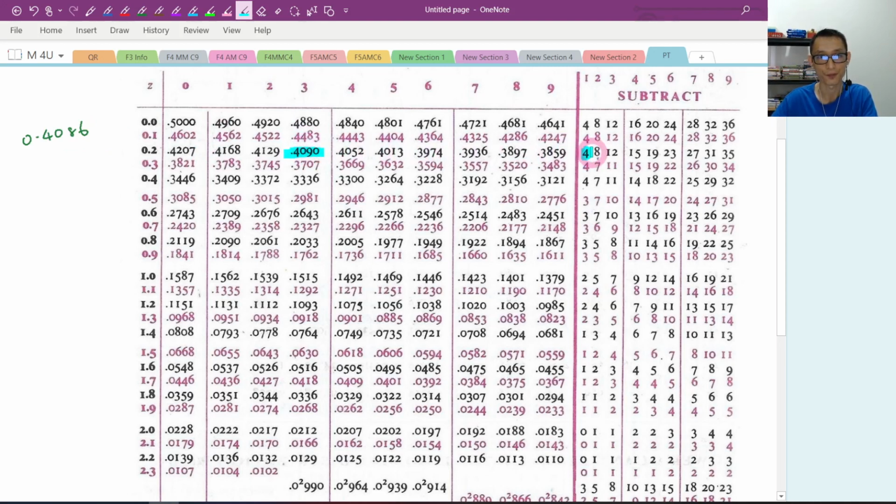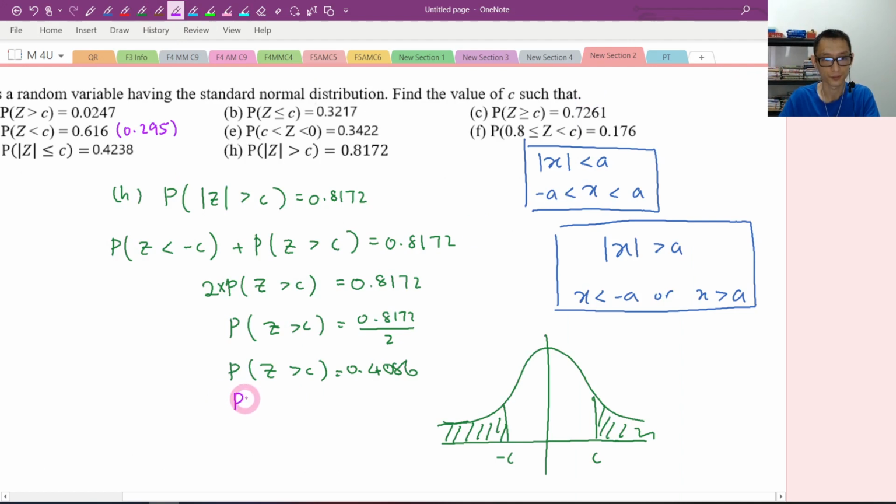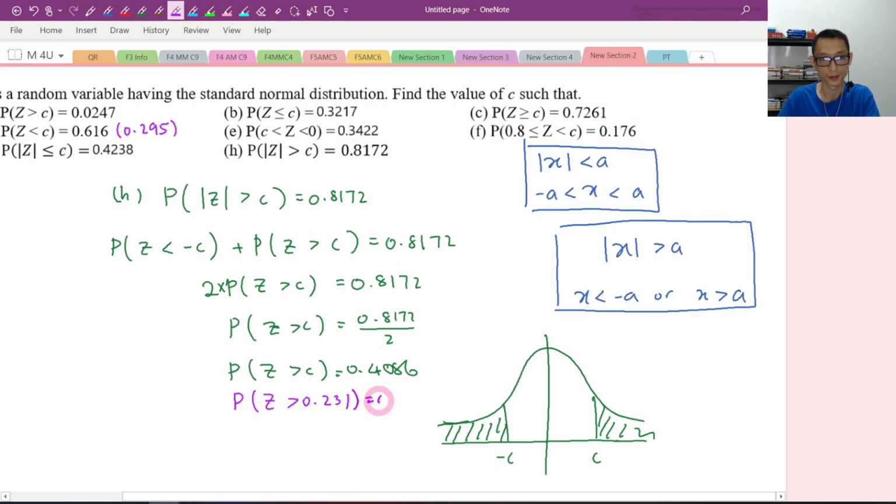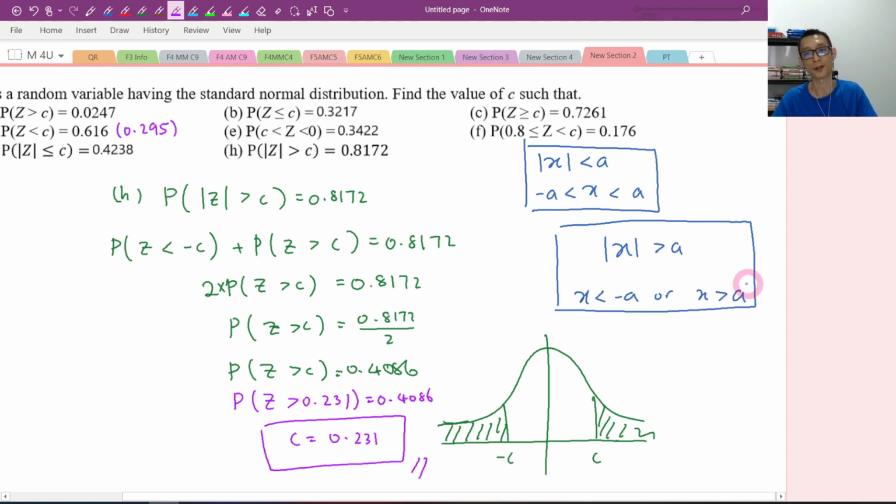Yes. 0.231. Okay, so our answer is 0.231. c is equal to 0.231.